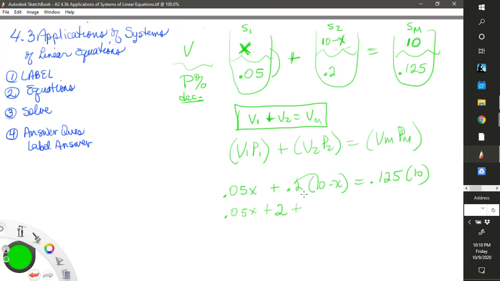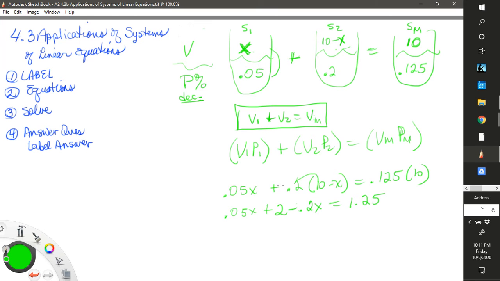So that's a minus a 0.2x. And that's going to equal, move that decimal one place, and I get a 1.25. Okay, let's combine like terms.